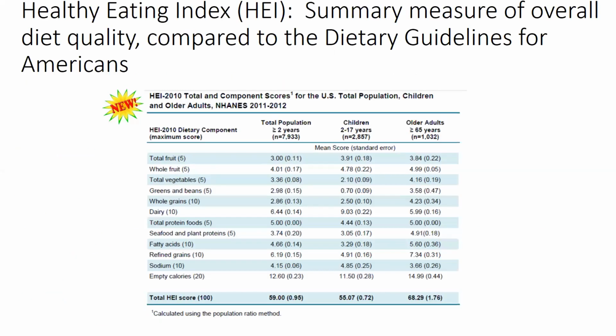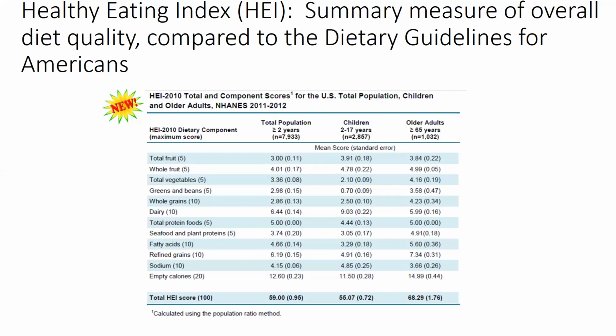The Healthy Eating Index you will often see in research. If you think about trying to get a very quick and dirty snapshot of people's diets, the Healthy Eating Index boils everything down into one number. So it's a summary measure of overall diet quality. So you can see in that table the HEI 2010 Dietary Component Maximum Score.